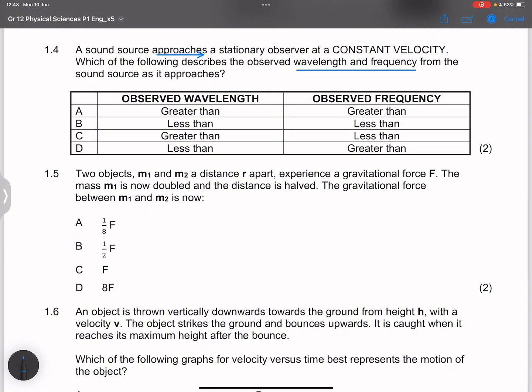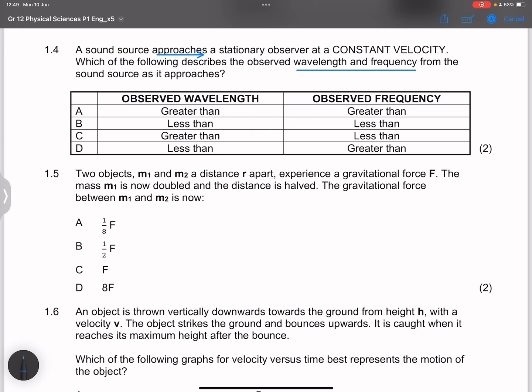Remember, when approaching, the observed wavelength should be shorter than the wavelength of the source.